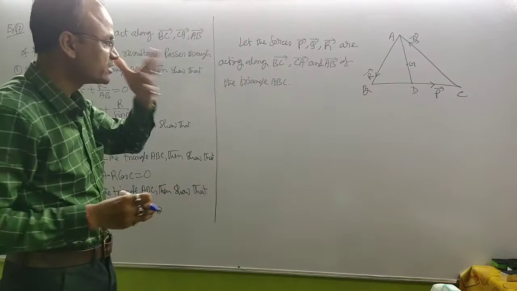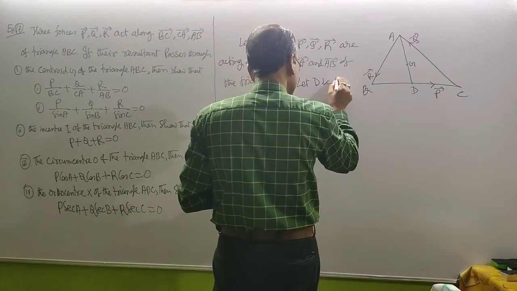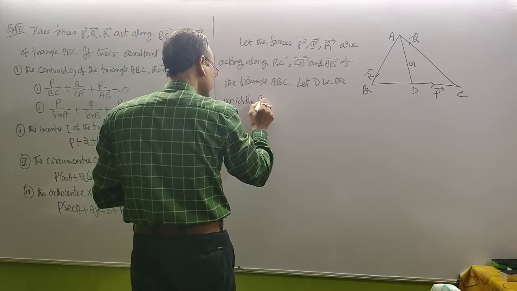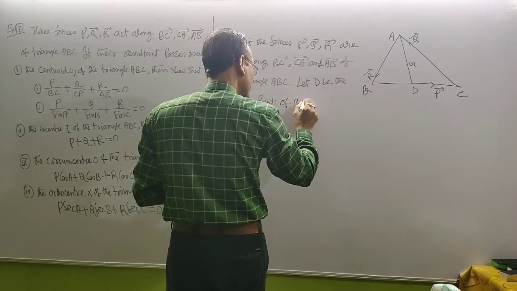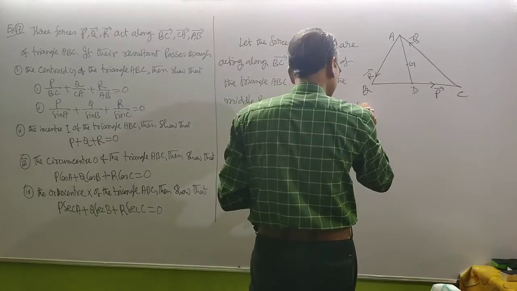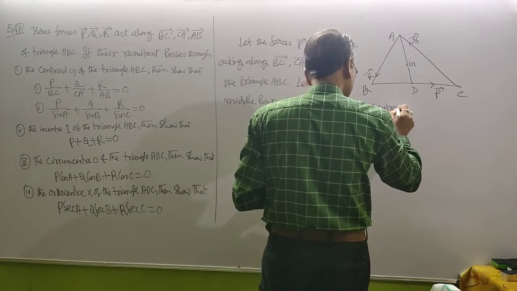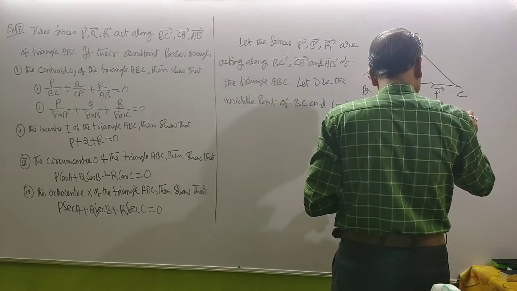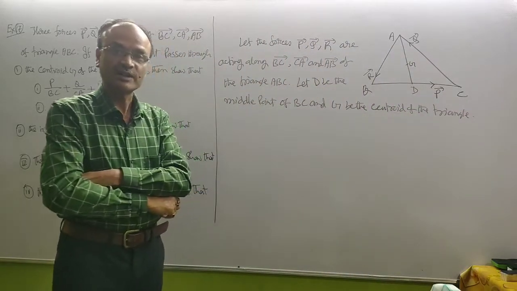It is also given in the question. Let D be the middle point of BC, and let G be the centroid of the triangle.